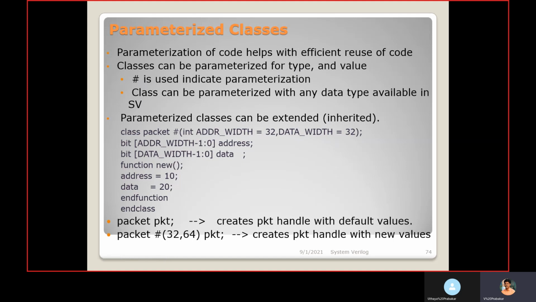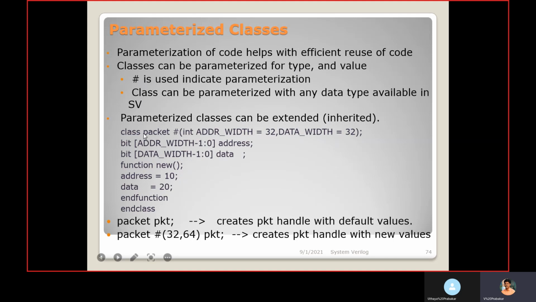Okay. So if we want to change this address to an 8-bit address width, and if I change it here, it will automatically affect all the places. If I didn't use parameterization, I would need to go to each and every location and change the values. Then inside the function new, address is assigned as 10 and data is assigned as 20.